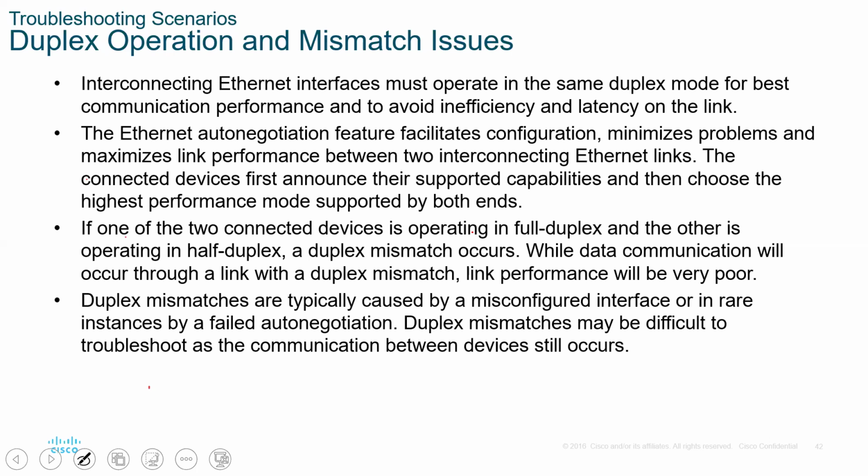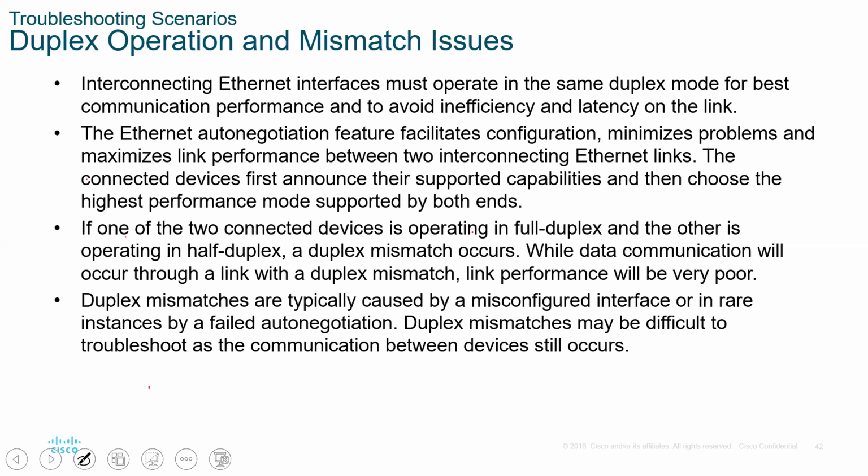The connected devices first announce their supported capabilities and then choose the highest performance mode supported for both ends. If one of the two connected devices is operating in full duplex and the other in half duplex, a duplex mismatch occurs. While data communication will occur through a link with a duplex mismatch, the link performance may be very, very poor. A duplex mismatch is typically caused by a misconfigured interface, or in a rare instance by a failed auto-negotiation.